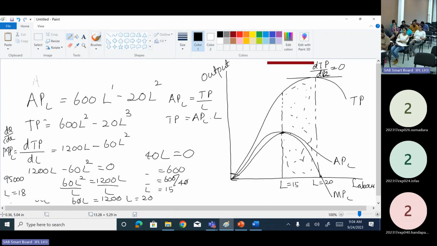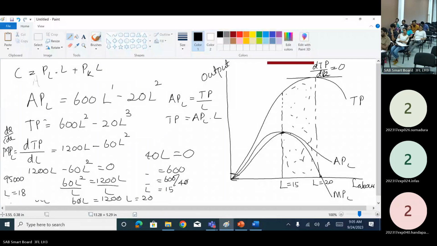So for the 95,000, you need to find the cost function, right? How do you get the cost function? The price of labor into labor input plus the price of capital into capital input, right? That is the cost.